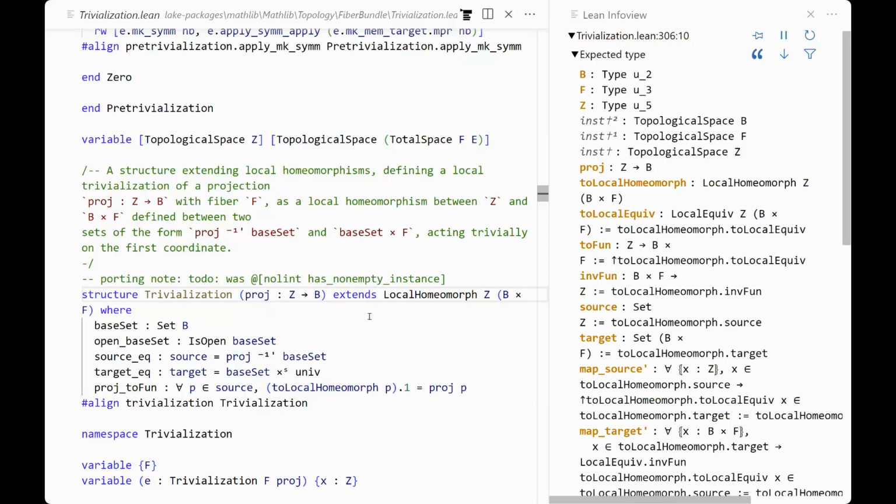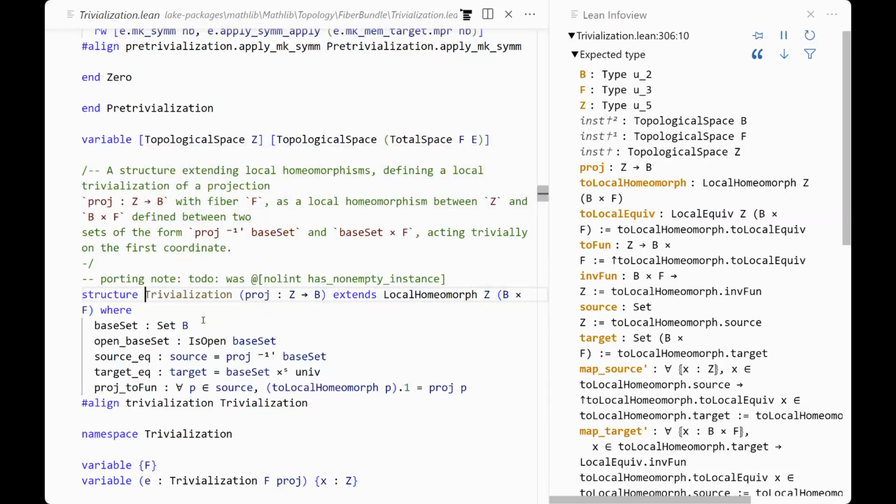And then a trivialization of that is just a local homeomorphism from Z to B cross the fiber, and then some properties to say that it's actually a trivialization. Maybe I should just draw a picture.